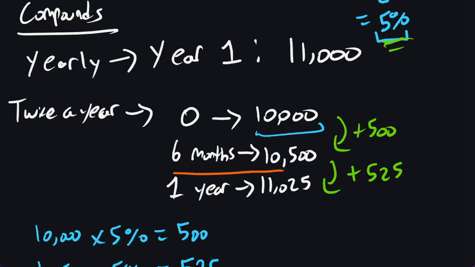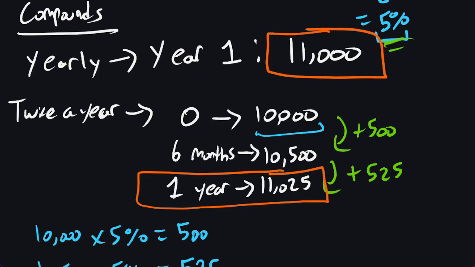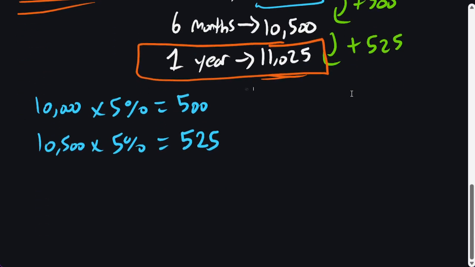Now, it's very important to understand this. In year one, we have more money from compounding twice a year than we do from compounding once a year. Under the same circumstances, we have $11,000 if we compound yearly, but if we compound twice a year, we have 11,025. So the more you compound, the more money you'll have.